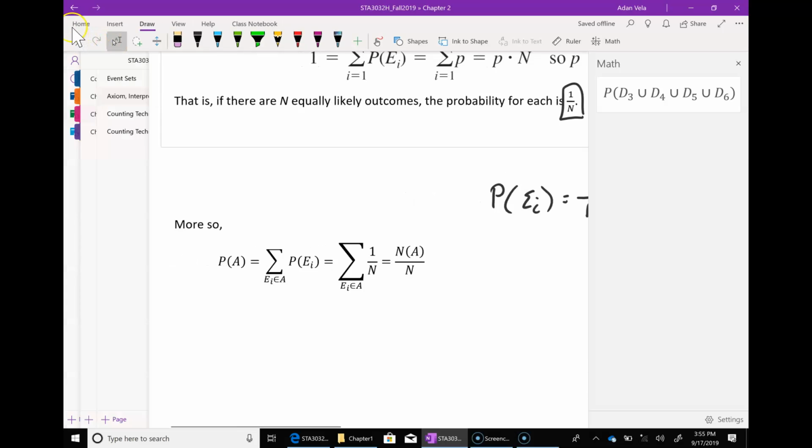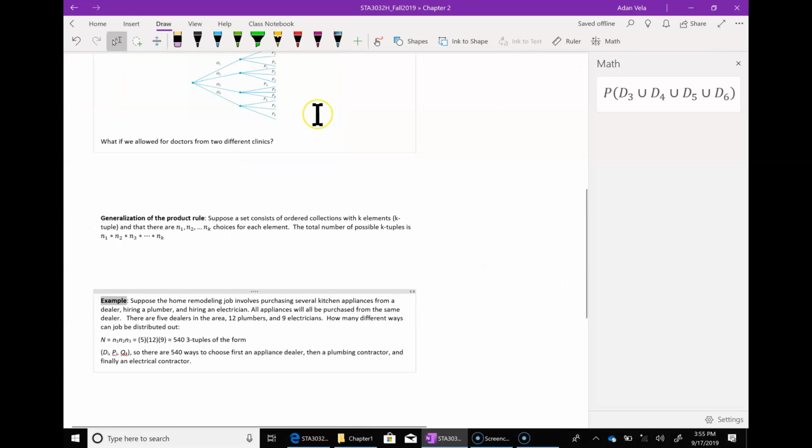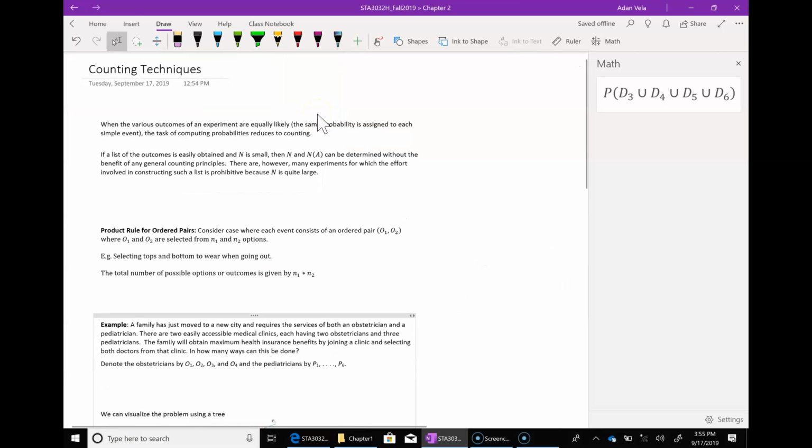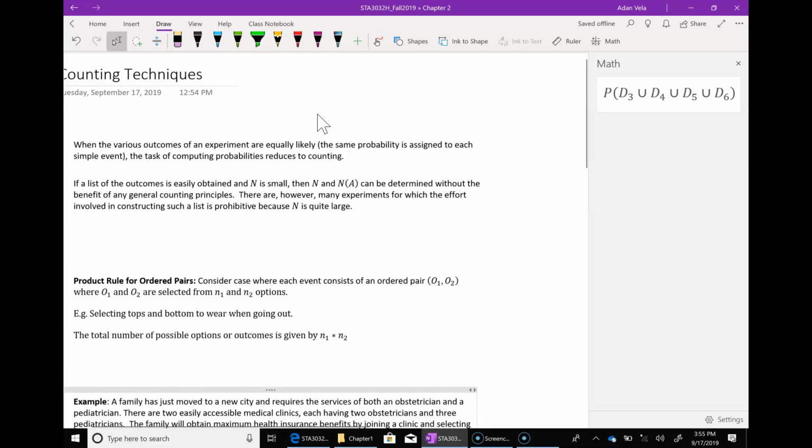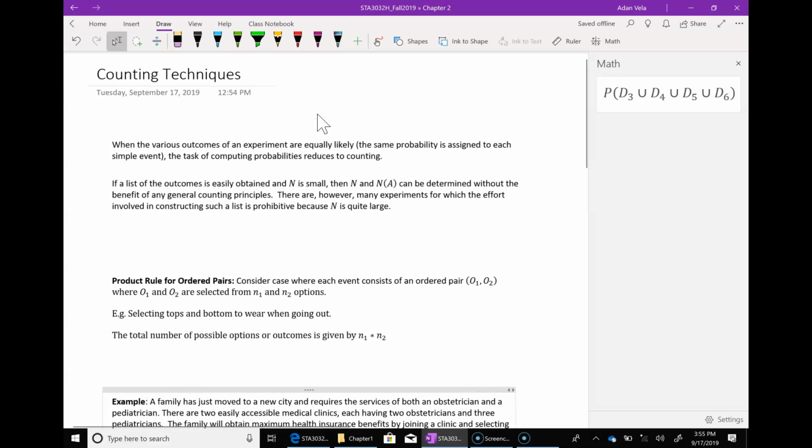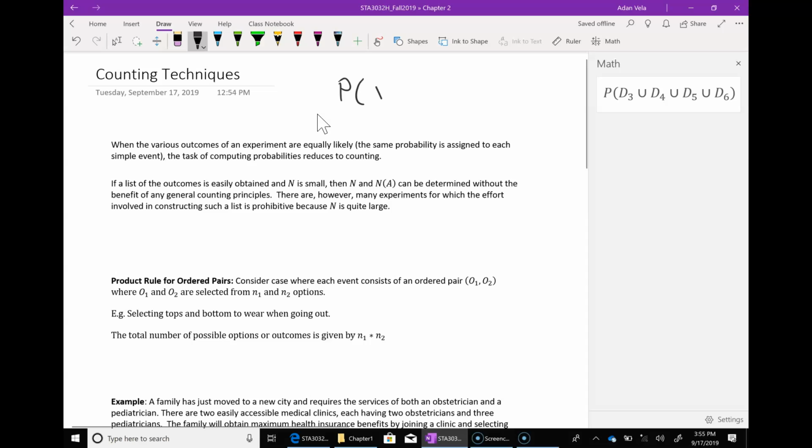Okay. So let's talk about some counting techniques. The reason why we want to do these counting techniques is because if we want to calculate some probability of a compound event A, then we want to know the number of ways that A can happen over the total number of ways that anything might happen. So we need to find quick tricks to calculate this numerator and denominator.